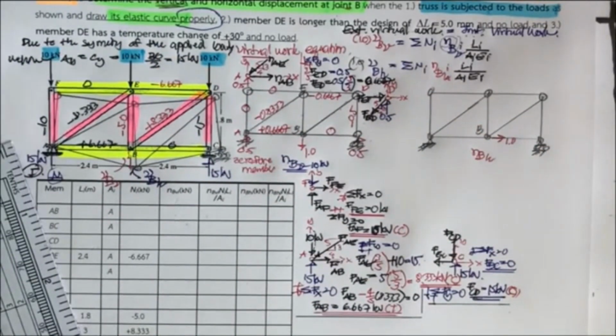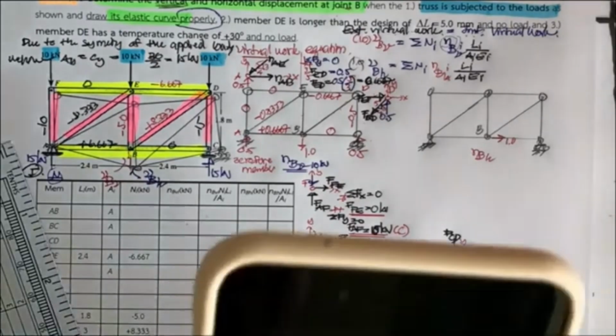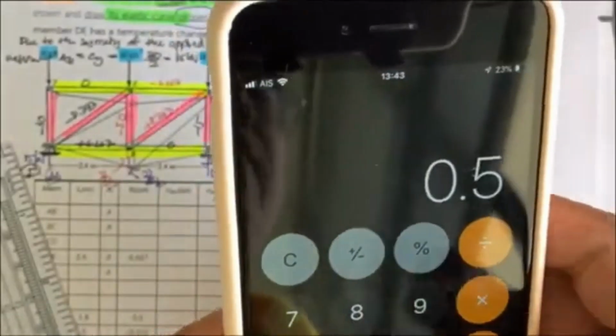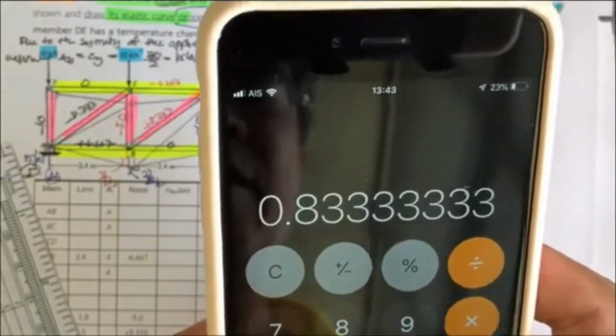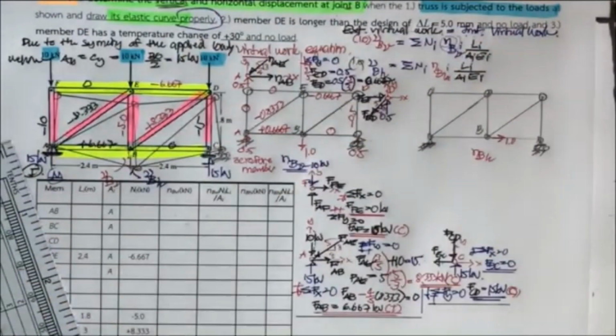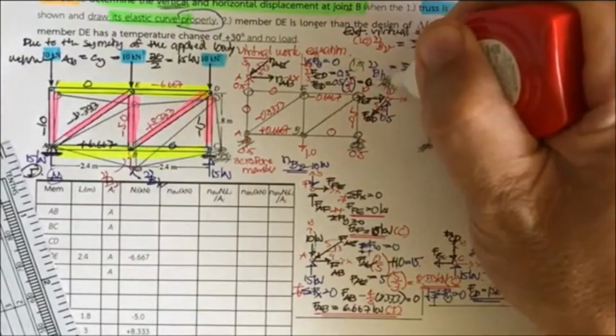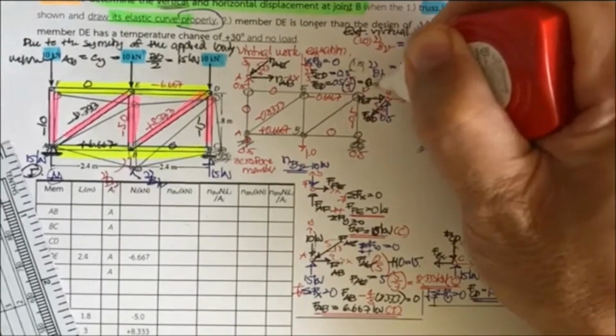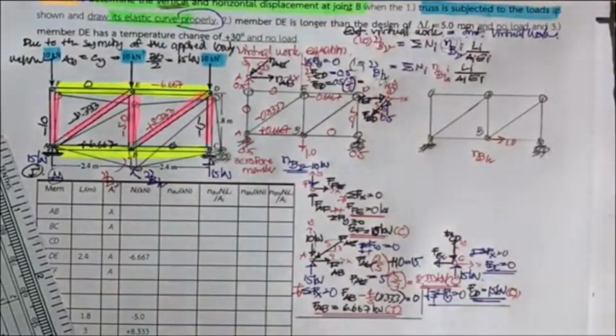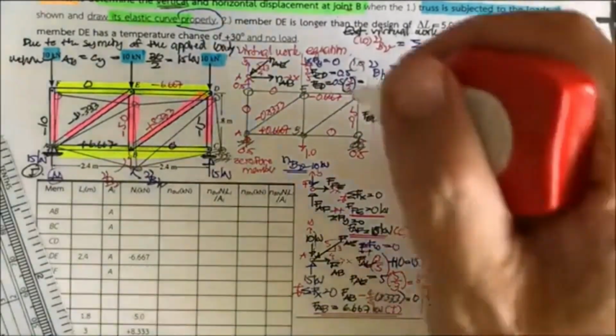It's going to be 5 times 0.5 divided by 3, which is 0.8333. This is going to be which member? It's not this one. This is wrong.